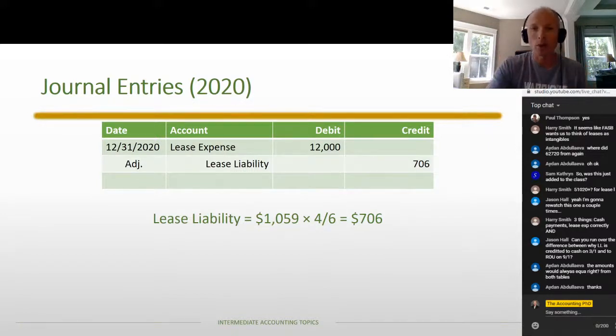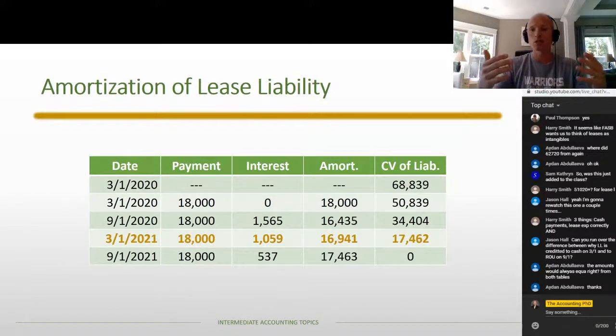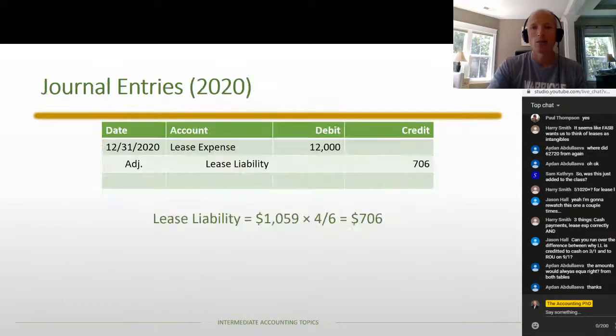A full amount of interest, if it had been a full 6 months, would be $1,059, but only 4 months of that has accrued in 2020. Again, I want to be clear though, it's not like there's an interest expense. We're just using the interest process to increase the lease liability by a proportional amount. And so the lease liability increases by $706.